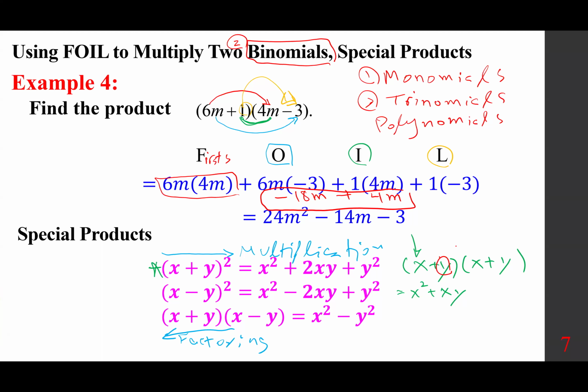Now we multiply the y by the second parentheses. We get yx plus y squared. And please understand xy or yx makes no difference. These two add up to 2xy, and that's what we get here. So FOIL.